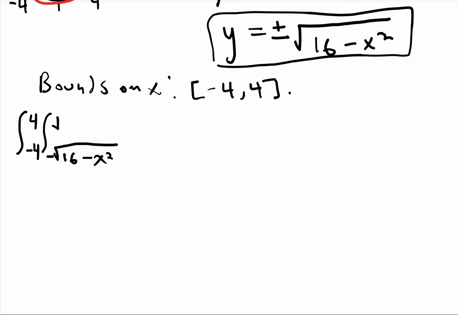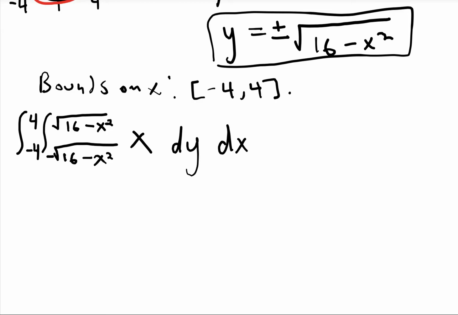And the one on top is going to be my root 16 minus x squared, the positive version. And the integral that I'd ask you guys to take was of the function x. Now remember, we have to match whatever my dy dx or dx dy is to my bounds. Those outer bounds were bounds on x. That means dx has to go on the outside and dy has to go on the inside.